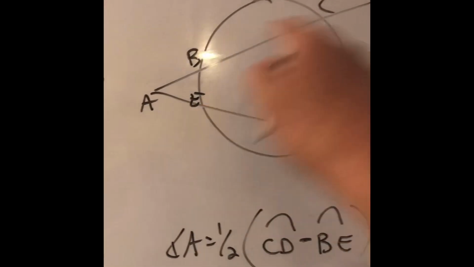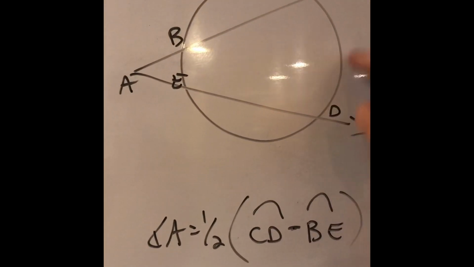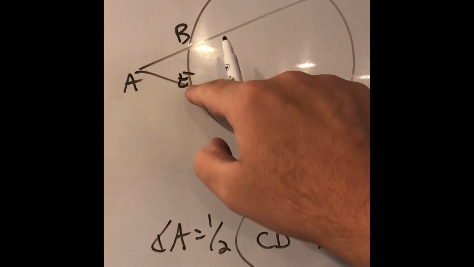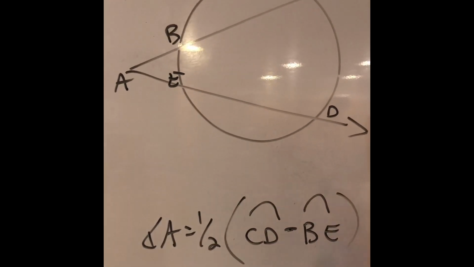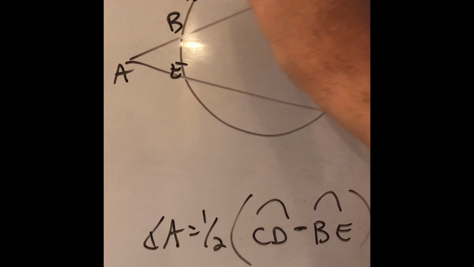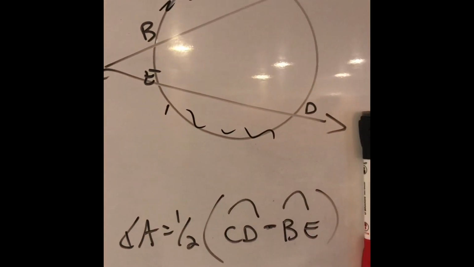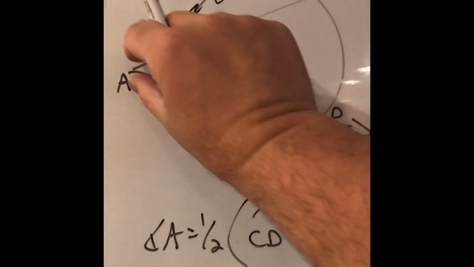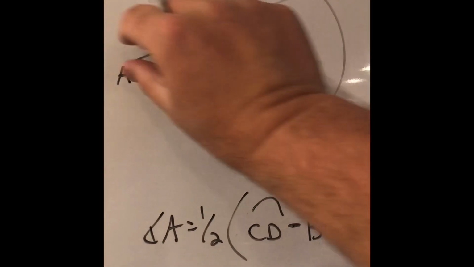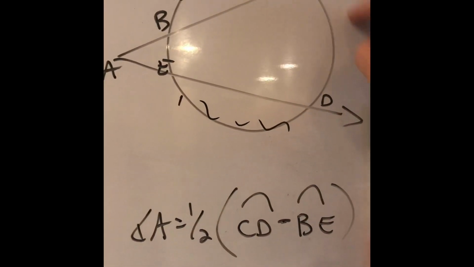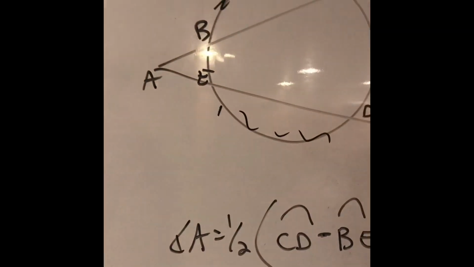Okay? It's made up of 2 secants. We take the furthest arc away, CD, minus the closest, BE. We take half again. Notice I didn't mention anything about this arc up here or this arc down here. We're just focused on what's in between these 2 rays here, okay? So arc CD minus arc BE.